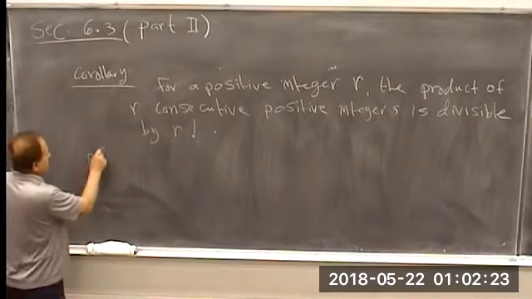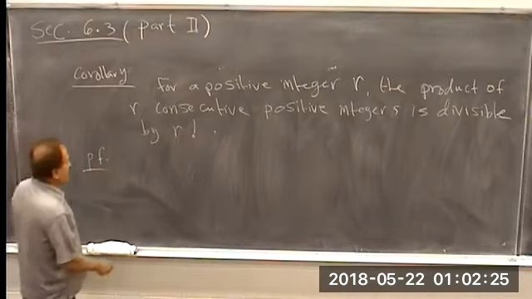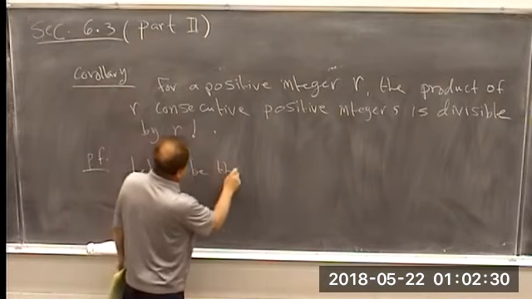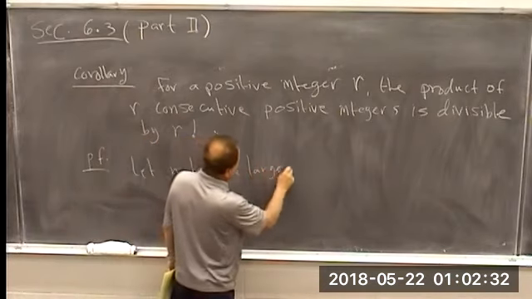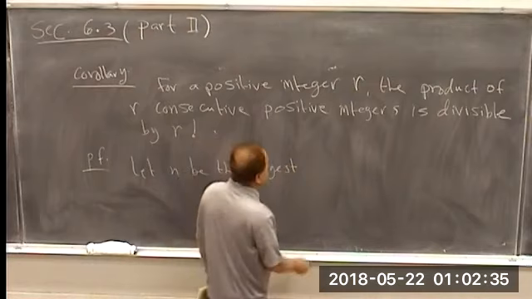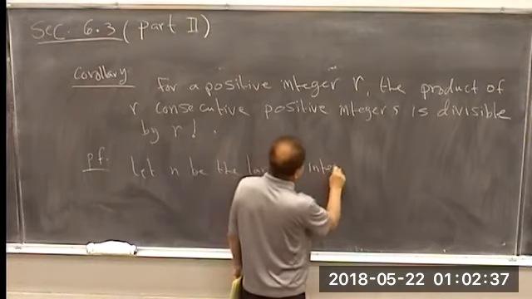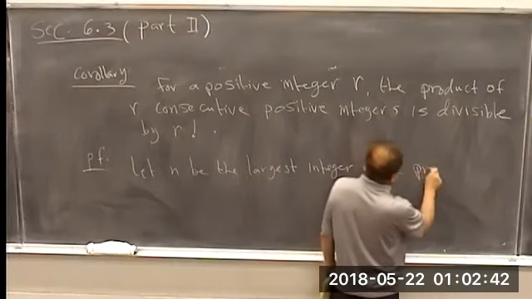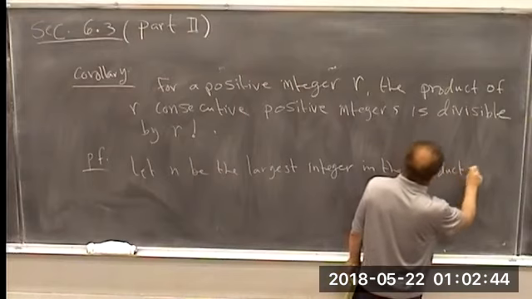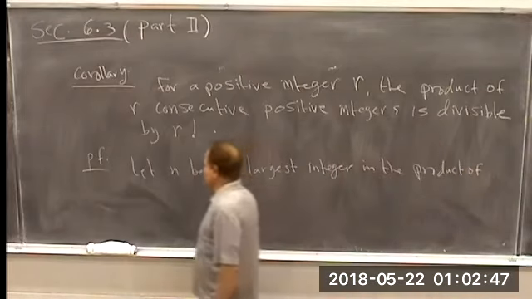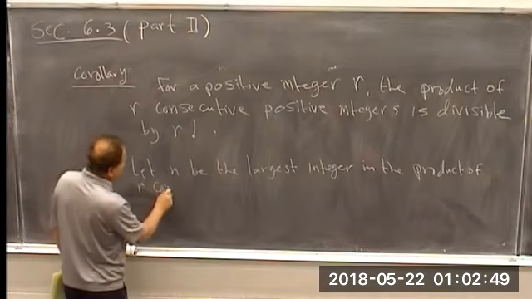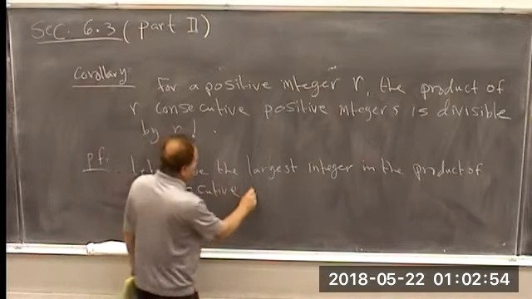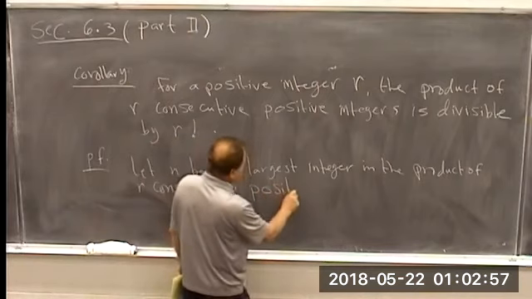All right, here's the proof. Let n be the largest integer in the product of the r consecutive positive integers.